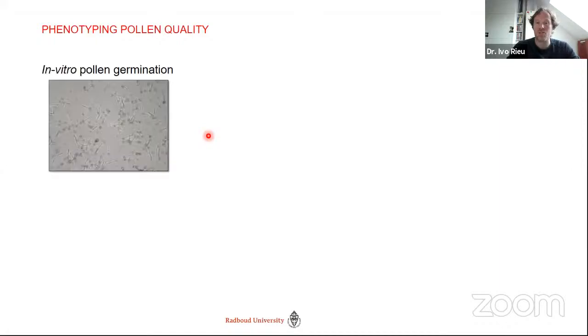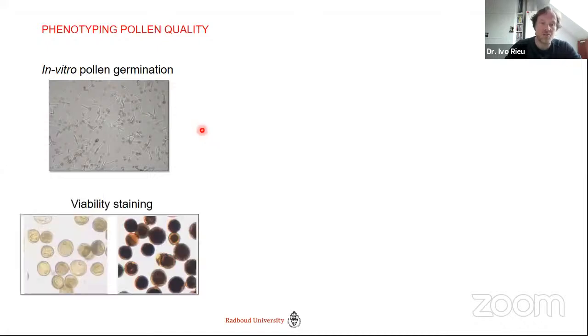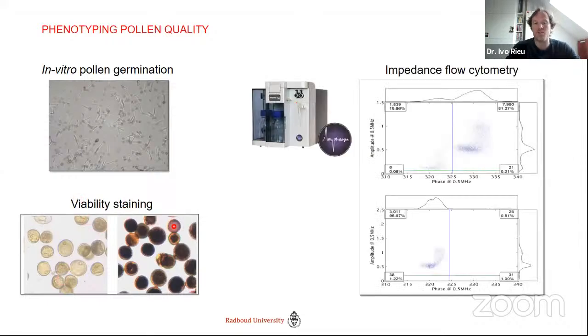Okay, so we also need methods to phenotype the pollen. Here we have the classical methods of a germination assay or a staining assay, the many viability staining assays described in literature, but those are all very low throughput.